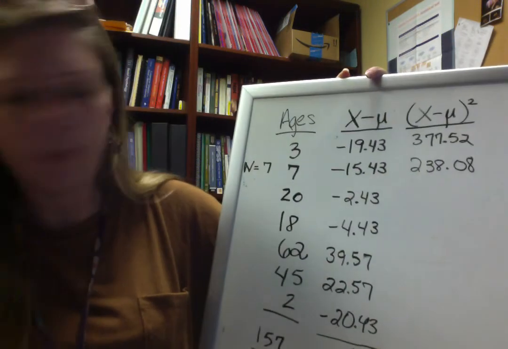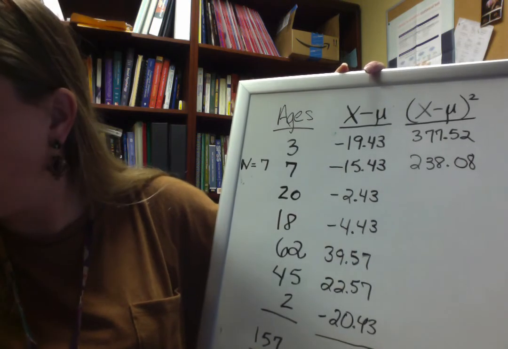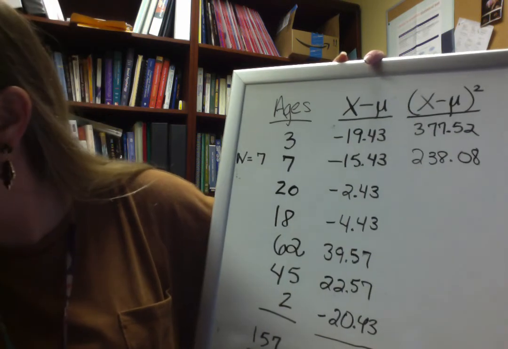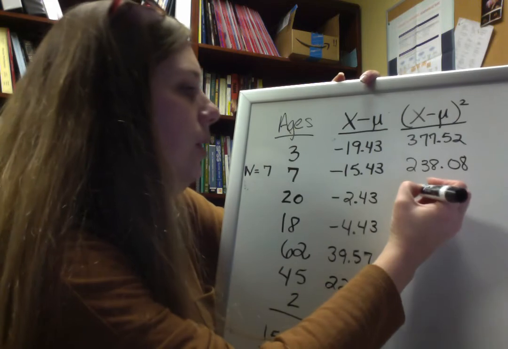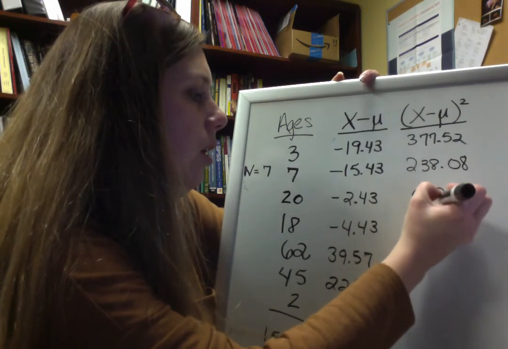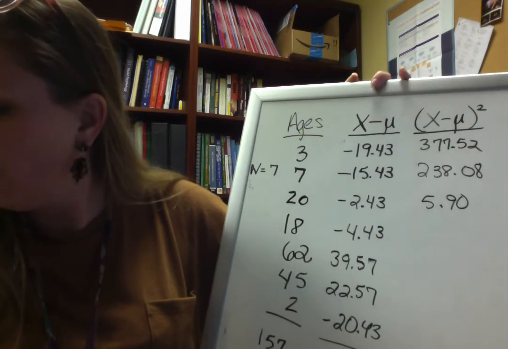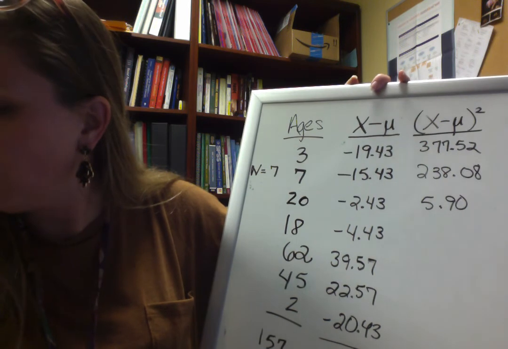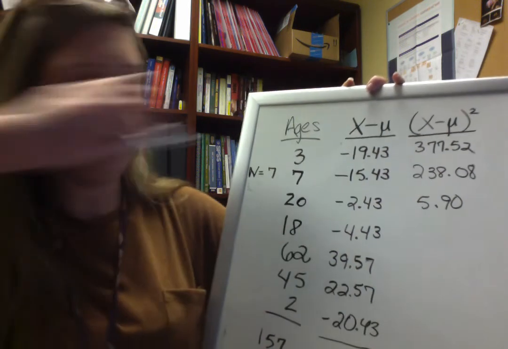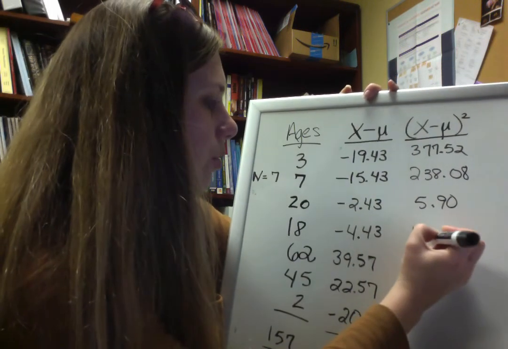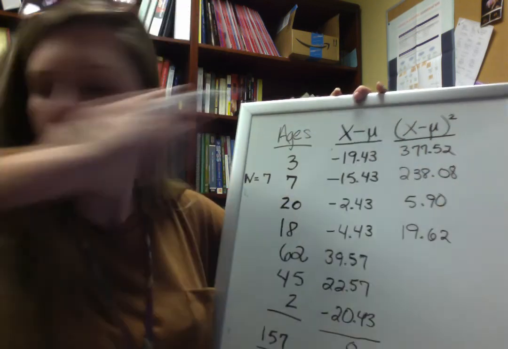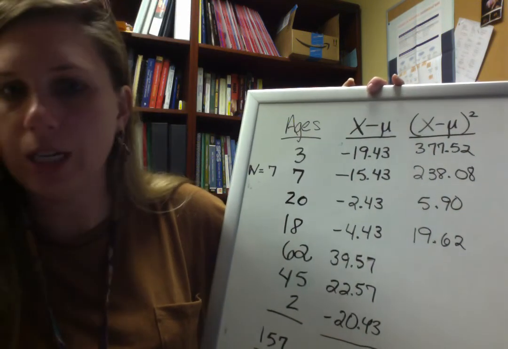That's right, yep. 2.43 squared, 5.90. 4.43 squared, 19.62.